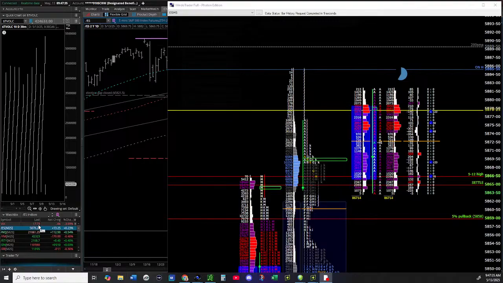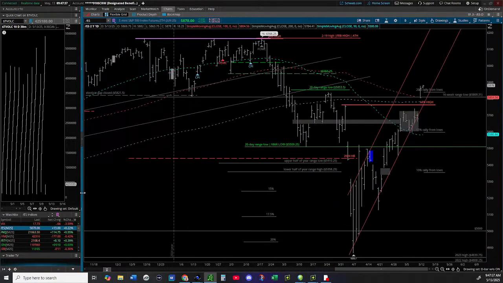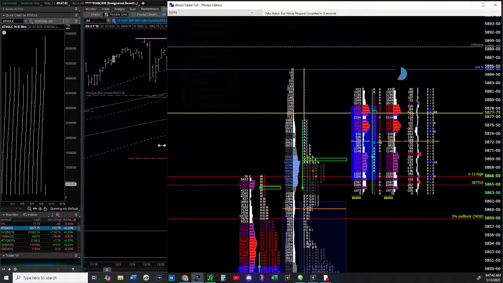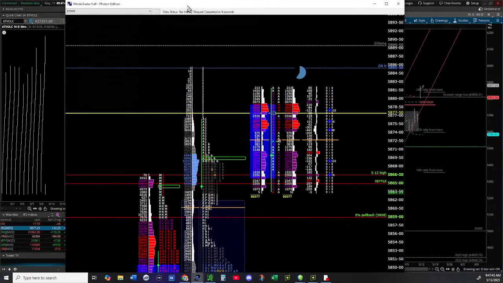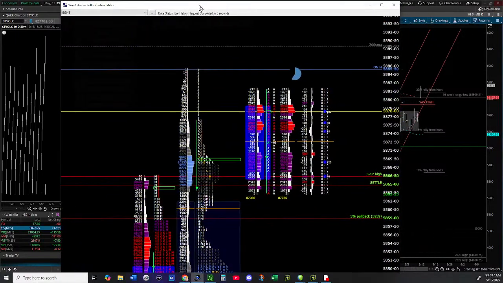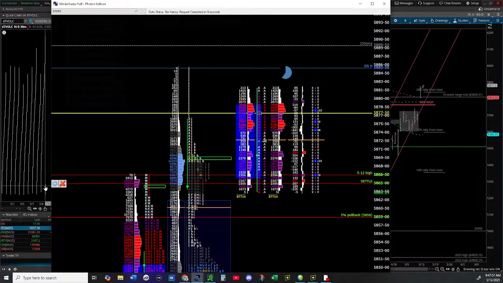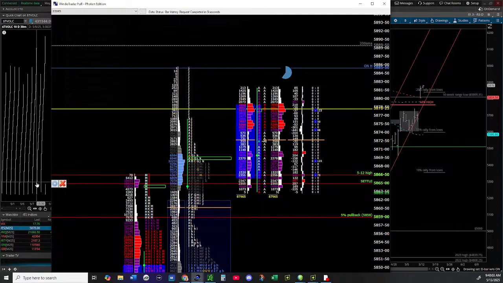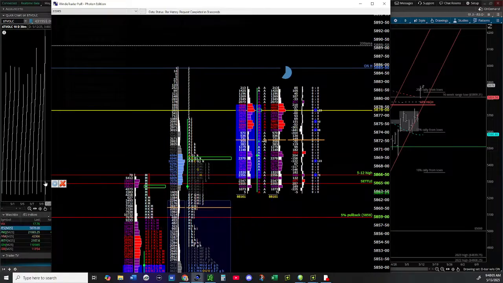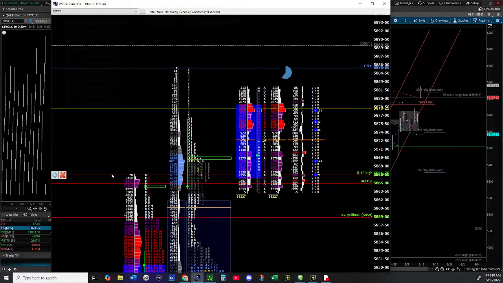VIX is 17. Volatility is getting lower here. We are kind of like two-thirds of the opening period, so we may have a little bit higher than Friday, but definitely it seems like it's going to be lower than yesterday.